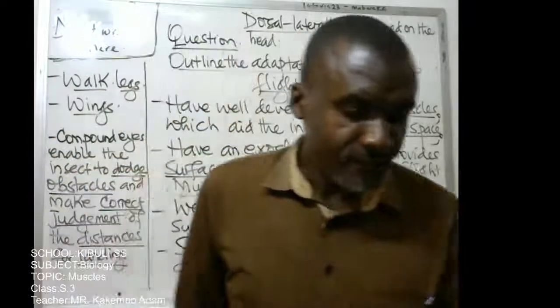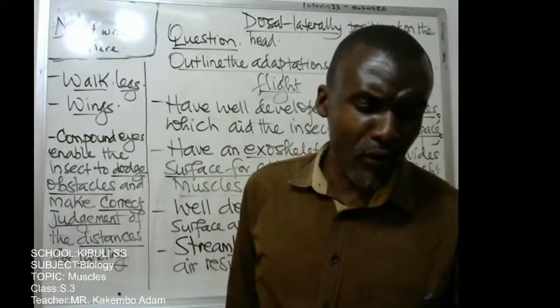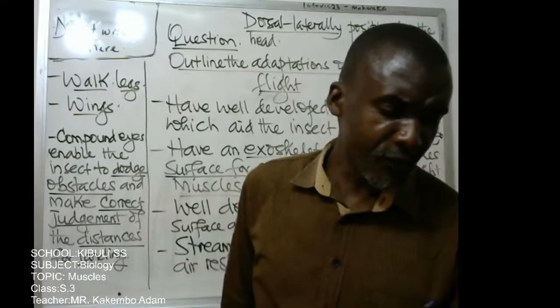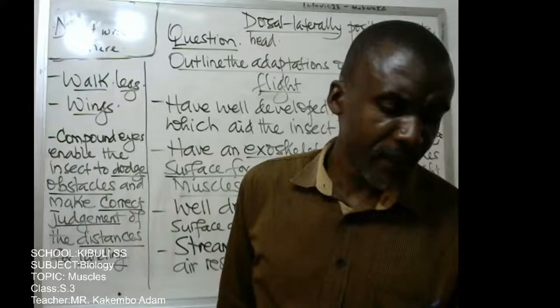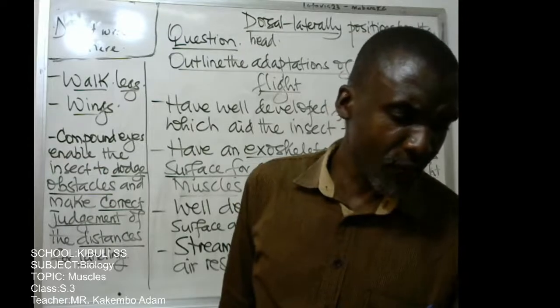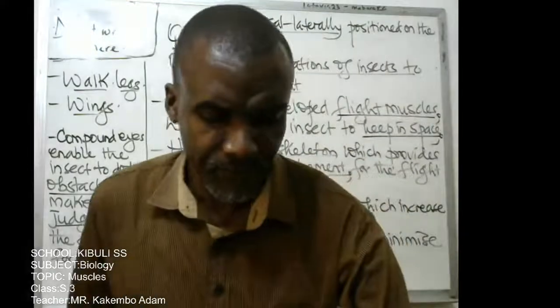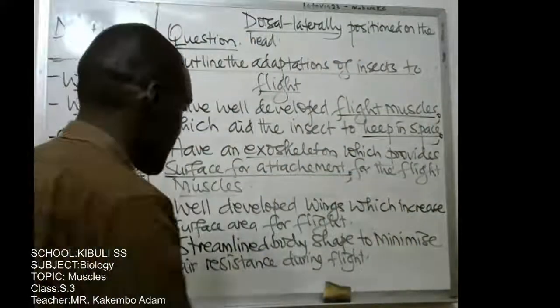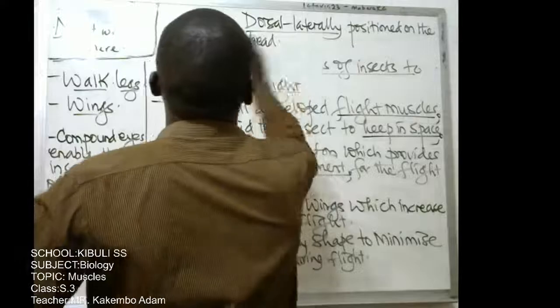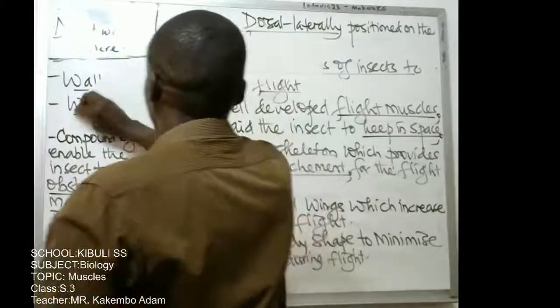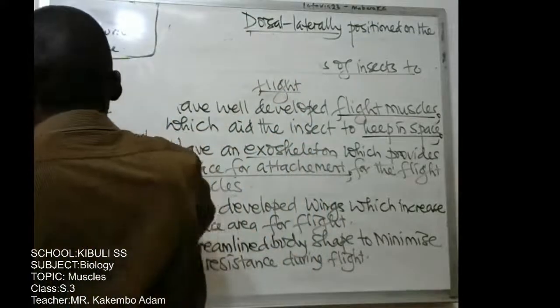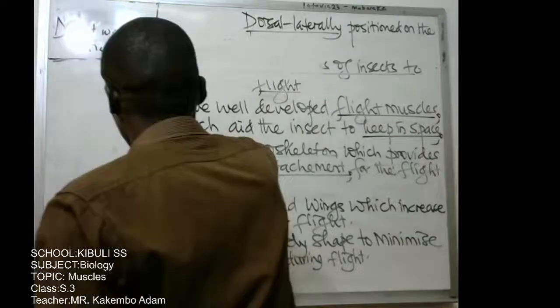Let us look at locomotion in another organism. I want us to move to locomotion in fish. Or before fish, can we look at locomotion in birds? How birds are able to move.